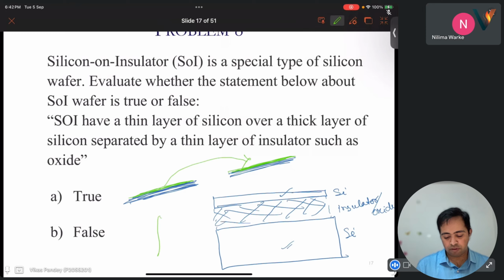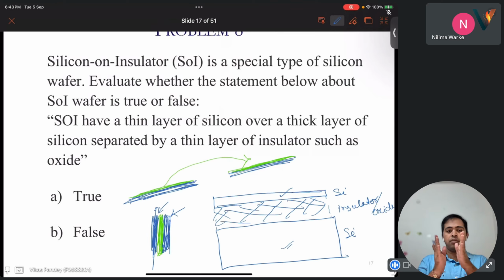Then we will have an oxide, and silicon on this side and silicon on this side. Then it can easily be cut from here, chipped out, and a thin layer of silicon is left, and a thick layer of silicon remains there.